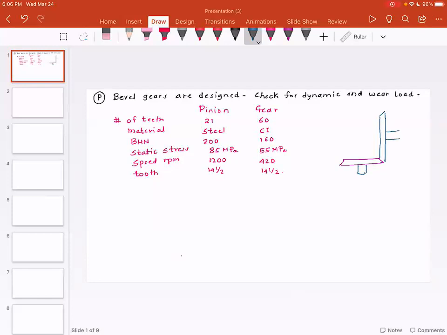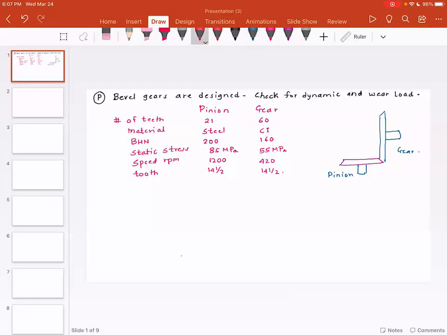And what we want to do is check this pinion and gear for dynamic and wear load. So this is not a complete design problem, but a partial design problem in a sense that we have this gear pair and we just want to see whether it is suitable for the application or not.